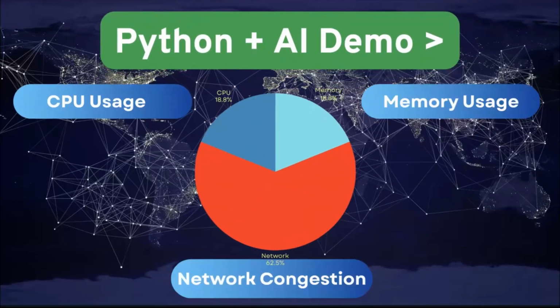Okay, so let's simulate a scenario where we predict when a network interface is likely to become congested based on historical traffic data. We will also observe how the AI tool forecasts CPU and memory utilization. So using this tool, we'll be working on these three things and we'll see how we can have the data ready. For this demonstration, we will be using Python along with some key libraries to build the prediction logic.